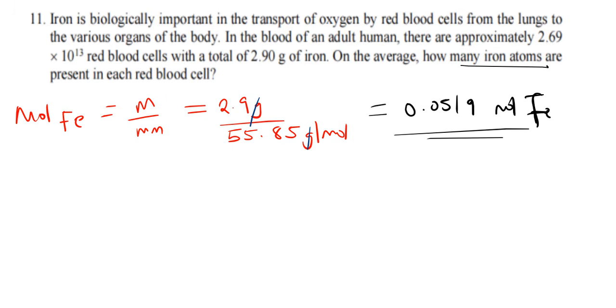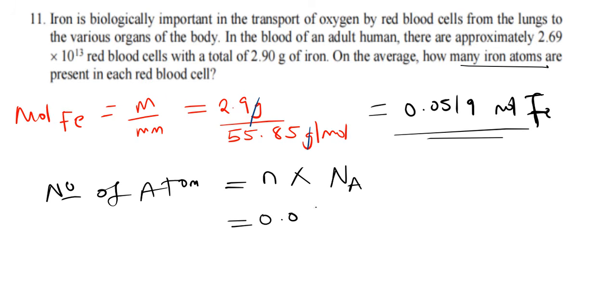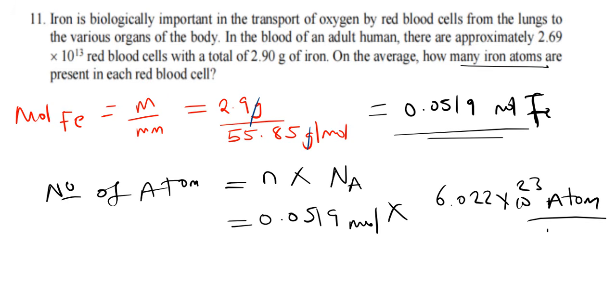Then we're supposed to convert these moles to atoms, and the formula is simple. If you are finding the number of atoms or particles, it's just the number of moles multiplied by the Avogadro's number. So the number of moles we found, 0.0519 moles, multiplied by the Avogadro's number, which is about 6.022 times 10 to the power 23 atoms per mole.